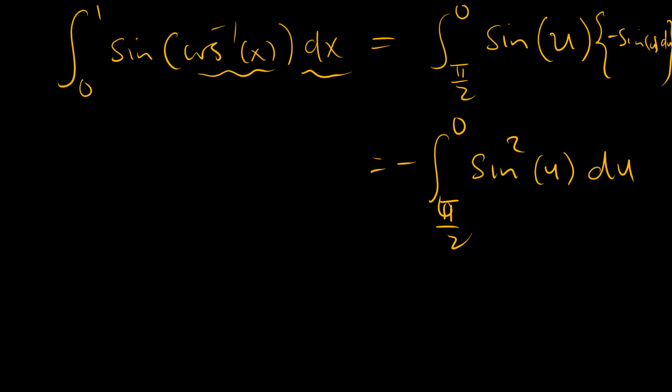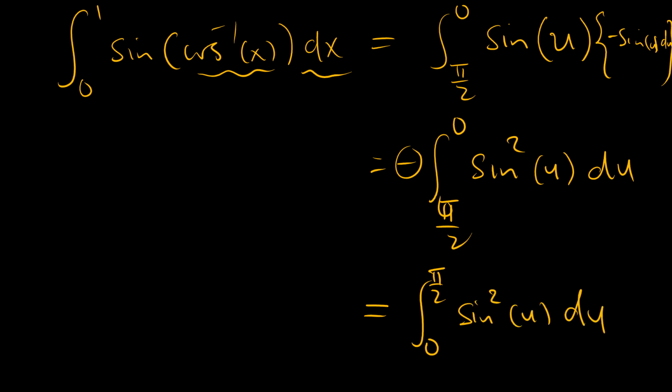One important thing is when we have this negative here, we can always flip the limits and that negative disappears. So we have 0 to pi over 2 of sine squared u du. And then this problem now becomes fairly tractable.